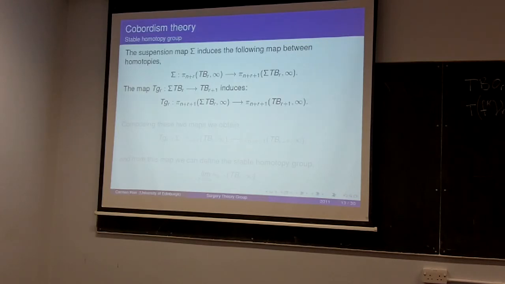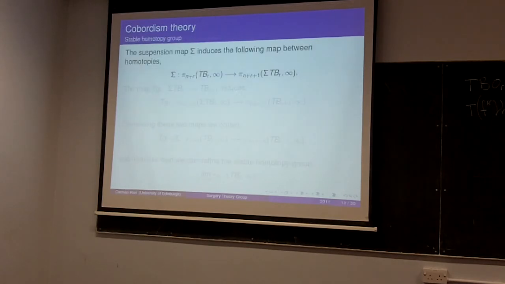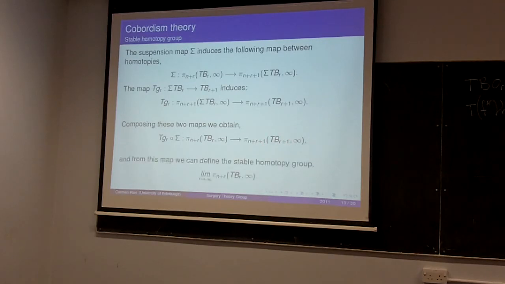So the diagram induces a map in homotopy. We have that map, and then we only have to compare some maps and let this go to infinity, so that we achieve a stable homotopy group.